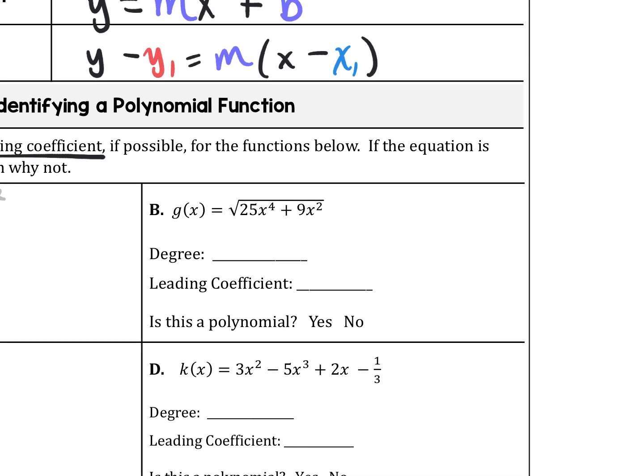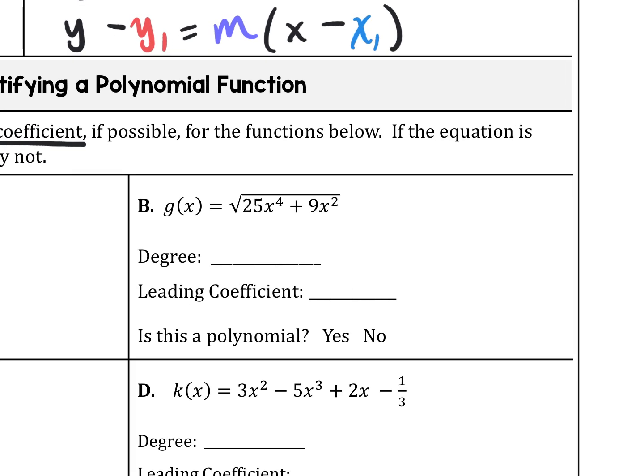So let's look at part B. First things first, when I'm looking at this, I notice that there's a square root, which means, remember, the square root of x is equivalent to x to the 1/2 power, which is a fractional degree. So if I've got x to the 1/2, that's like saying 25x to the 4th plus 9x squared, all to the 1/2 power.